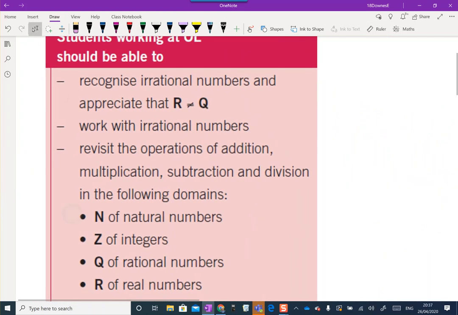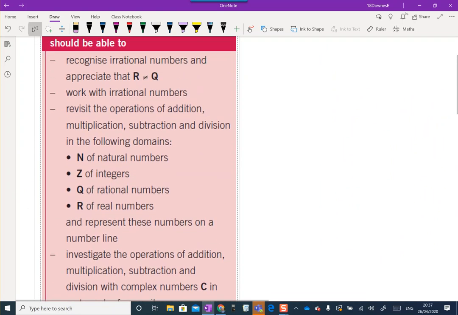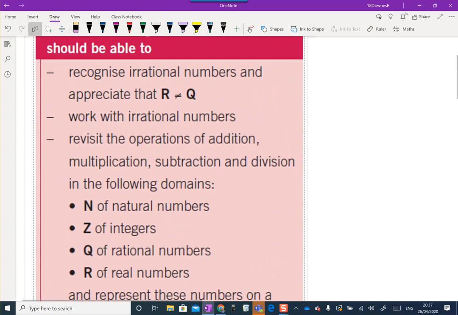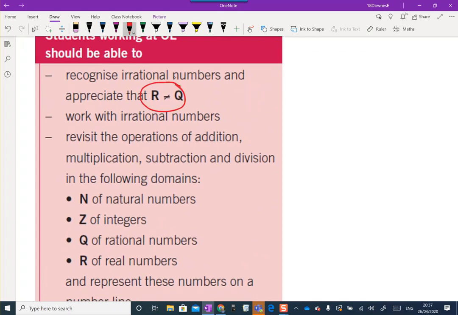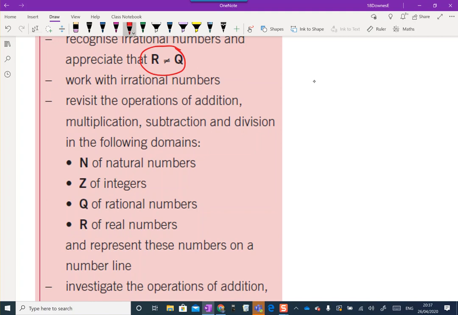So just this will be the ordinary level objectives. Sorry, learning outcomes. Appreciate that there's a difference between real numbers and irrational numbers. Work with irrational numbers. Square root of 2 times square root of 3 equals square root of 6. That should come naturally to you.